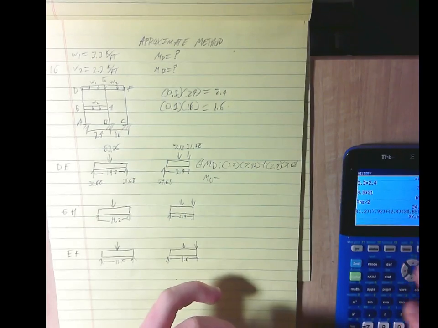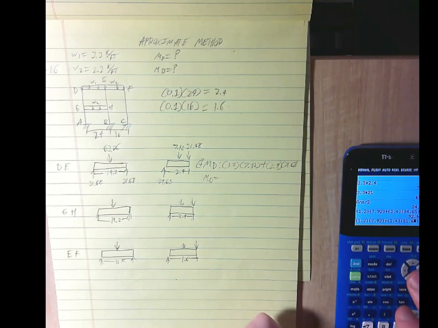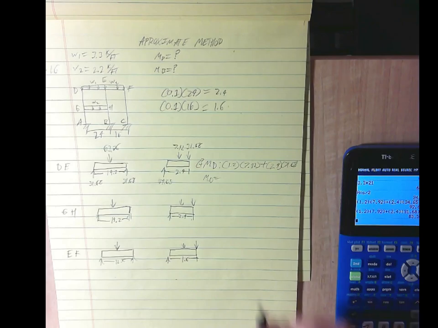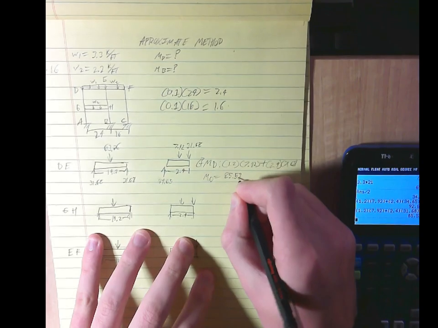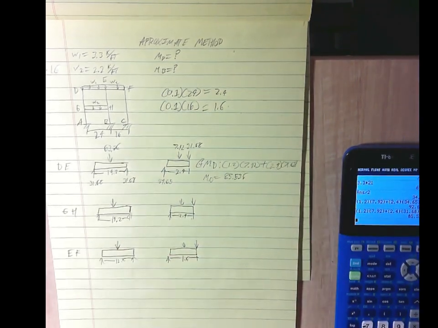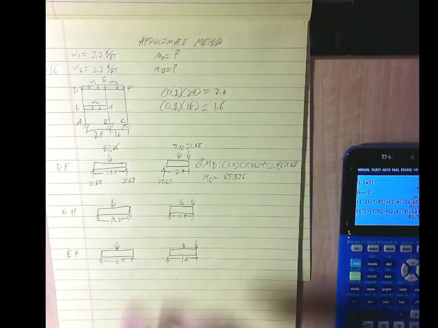Why did I write 34.65 here? 31.68. There you go. 85.536. Sweet. Now let's keep doing this for the next few. Oh, actually, there's answer 1 right there.